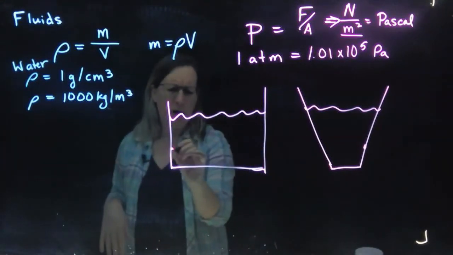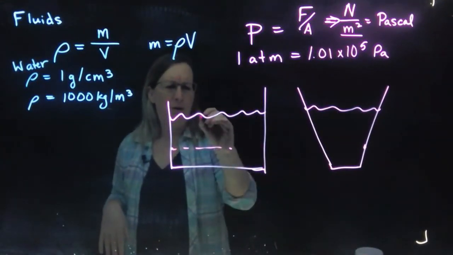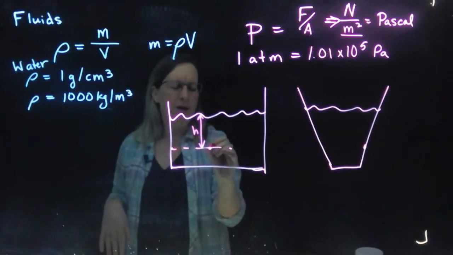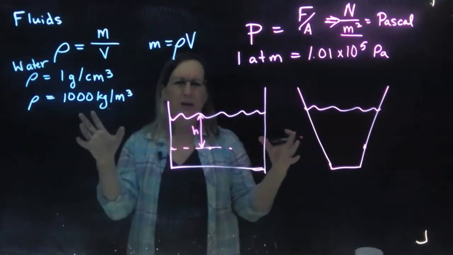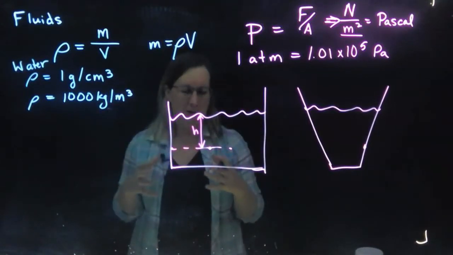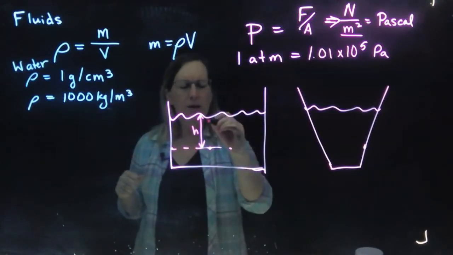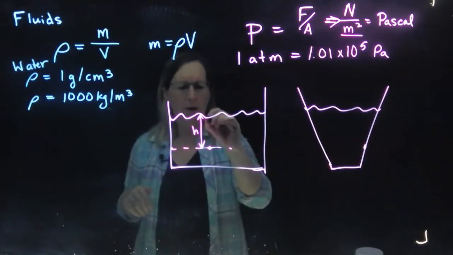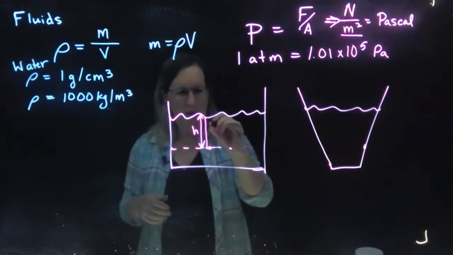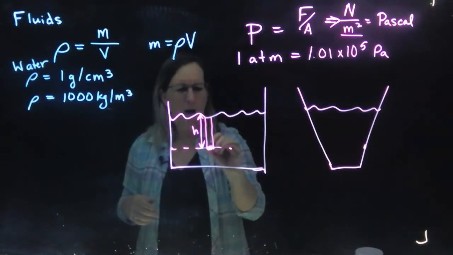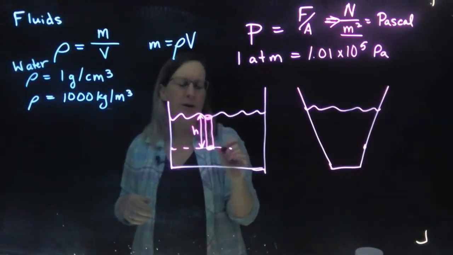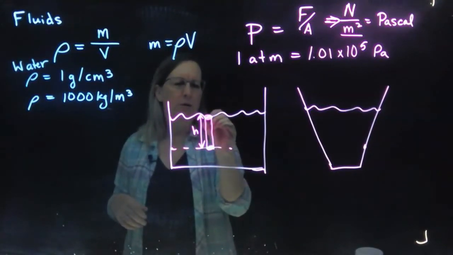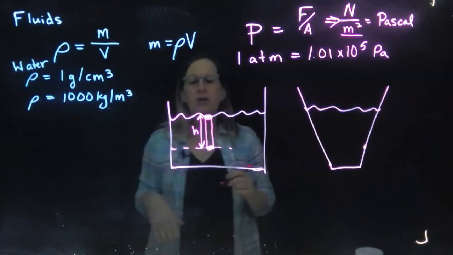So the pressure at some depth, which we're going to call a distance h, if we want to find it here, it's in all directions because liquid likes to fill space, if we think about that. So we can think about the pressure, which is force per area. We can draw, this is commonly done, an imaginary column of water here that's of height h, and we ask, what's the pressure right here? Or in other words, what's the force per area?